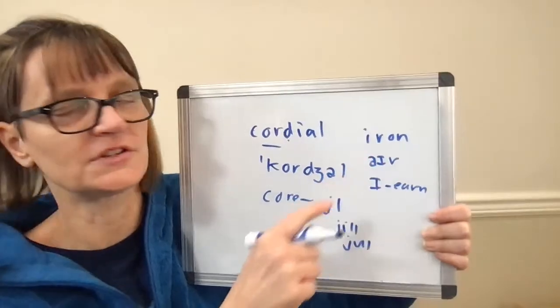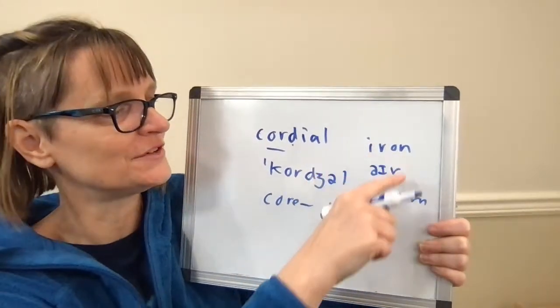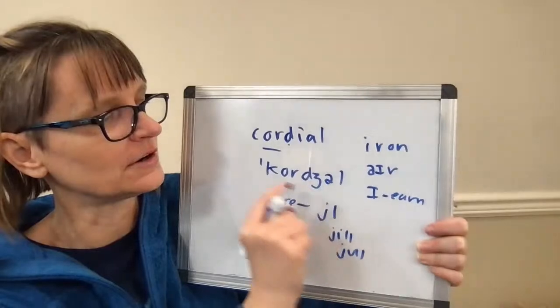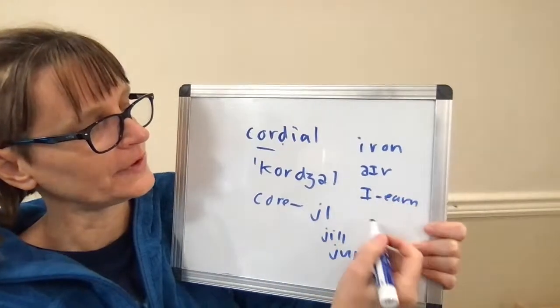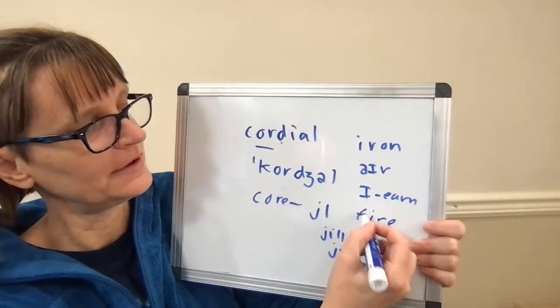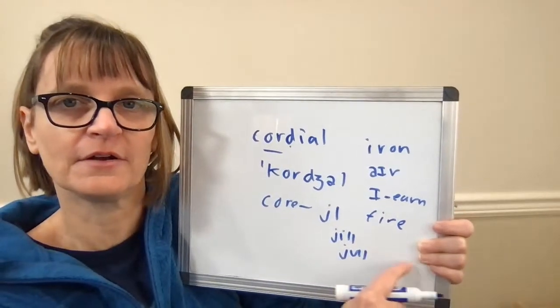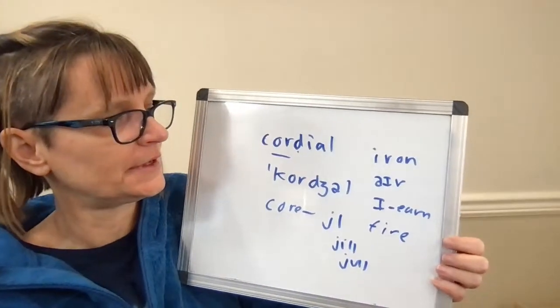So even though it looks like iron, we don't say it that way. It's a diphthong, or ire, like fire, the iron. Yeah. Okay. I believe I do also have a video specifically about that word.